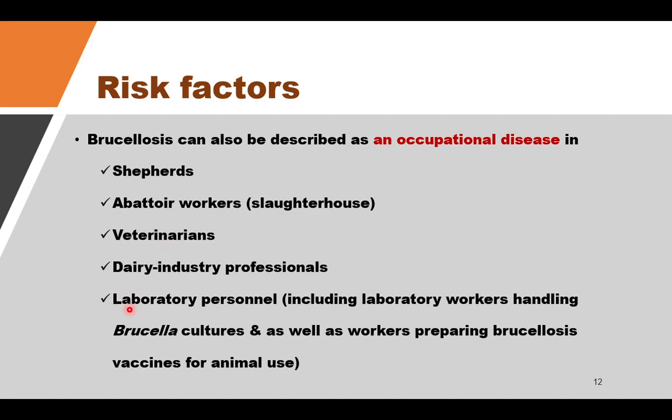And then laboratory personnel. Working with this organism, it's a biosafety level 3 organism. It should not be handled on the open bench. The lab worker should be in a dedicated room with at least a type 2B safety cabinet.